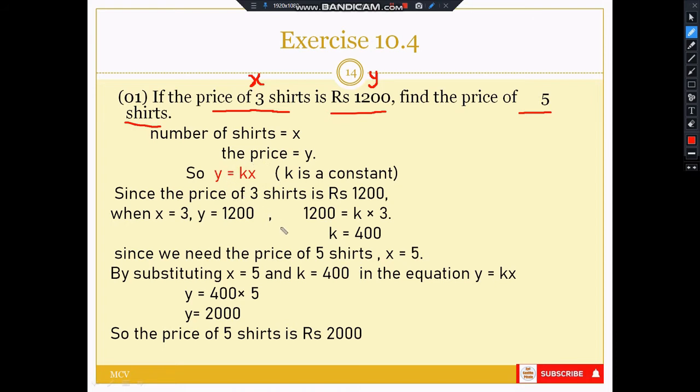Now, let's write this equation and substitute. Y equal kx. Y is 1200. X is 3. So, 1200 equal k times 3. 3k equal 1200. When you divide both sides by 3, k equal 400.